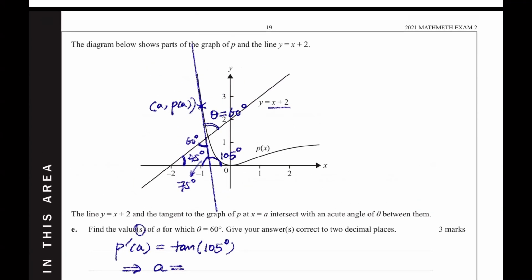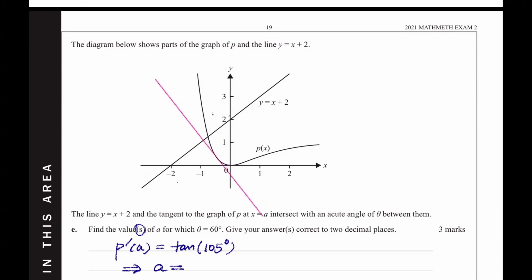And the question says the values. That makes me consider, all right, could I find another possible graph, let's say another possible tangent to make 60 degrees between the two lines? Well, yes, there is another case. Because when you put a line here, now it's not quite 60 degrees, but if you try to make it smaller, flatter, yep, this is another possible case you could get a 60 degrees.